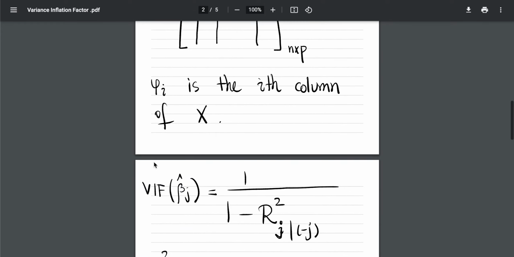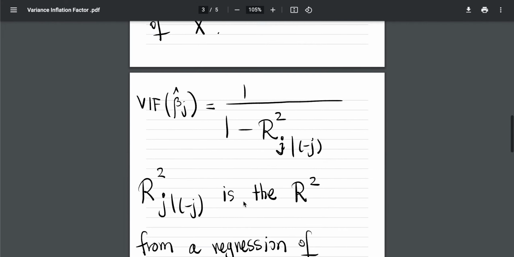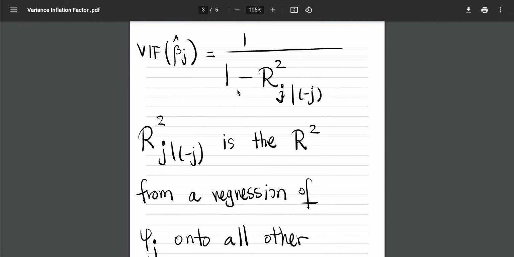Now the variance inflation factor is defined as 1 divided by 1 minus R squared of j given minus j. So j here refers to the jth predictor, and minus j refers to everything but the jth predictor. So essentially we're saying, what is the R squared if we were to regress the jth predictor against the rest of the predictors we have?